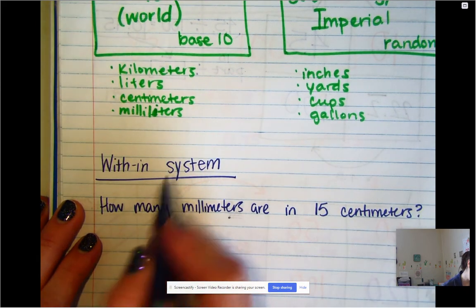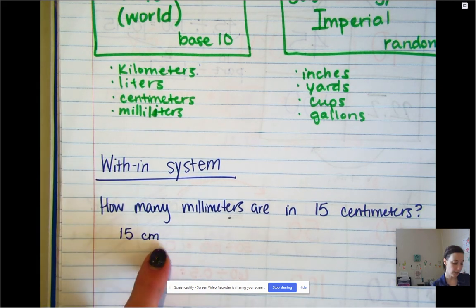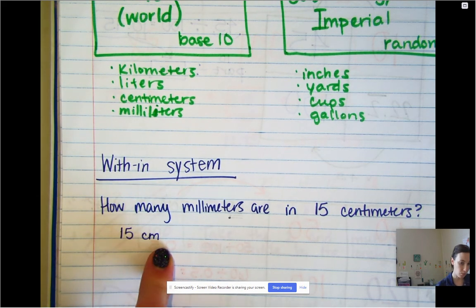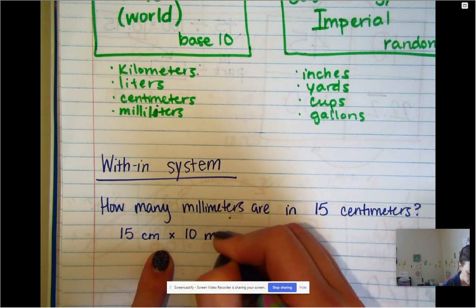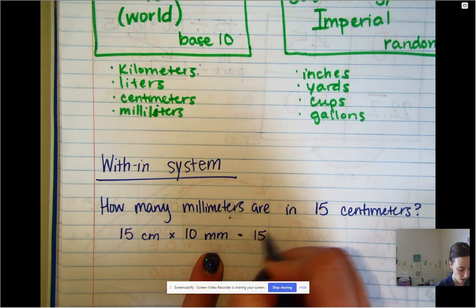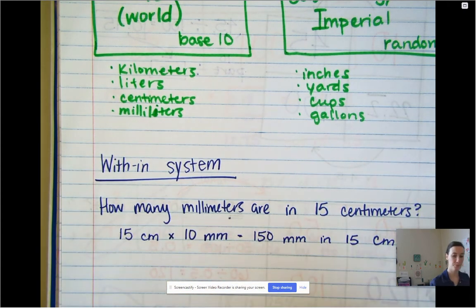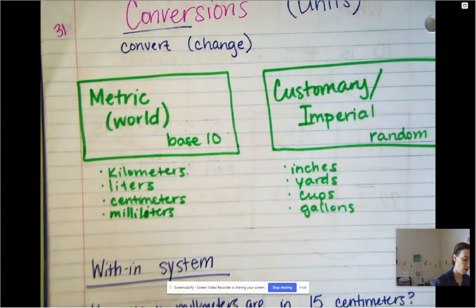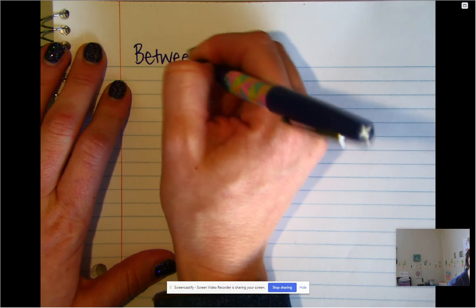So I am saying, all right, I have 15 centimeters, and each centimeter is equal to 10 millimeters. So in each centimeter, there's 10 millimeters, which means in total there are 150 millimeters in 15 centimeters. Okay?